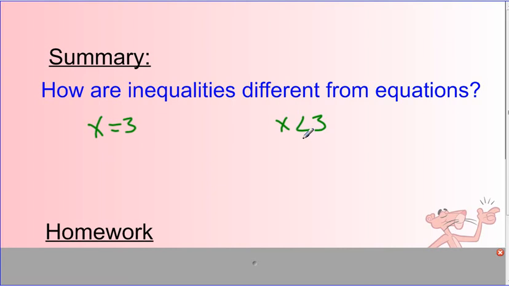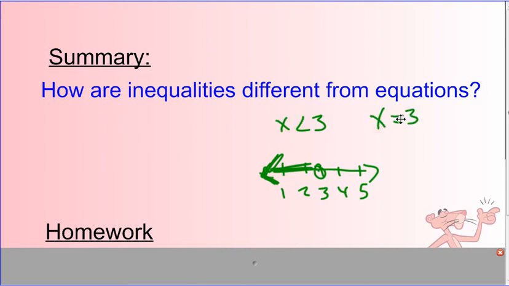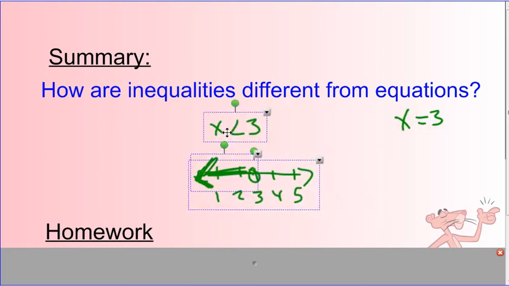You might have said that equations, you don't require a graph when you solve them. Inequalities do. In all of our inequalities, we made a graph because it makes it easier to understand our answer. So inequalities require a graph. In fact, let me put this equation stuff here and inequality stuff under inequalities.